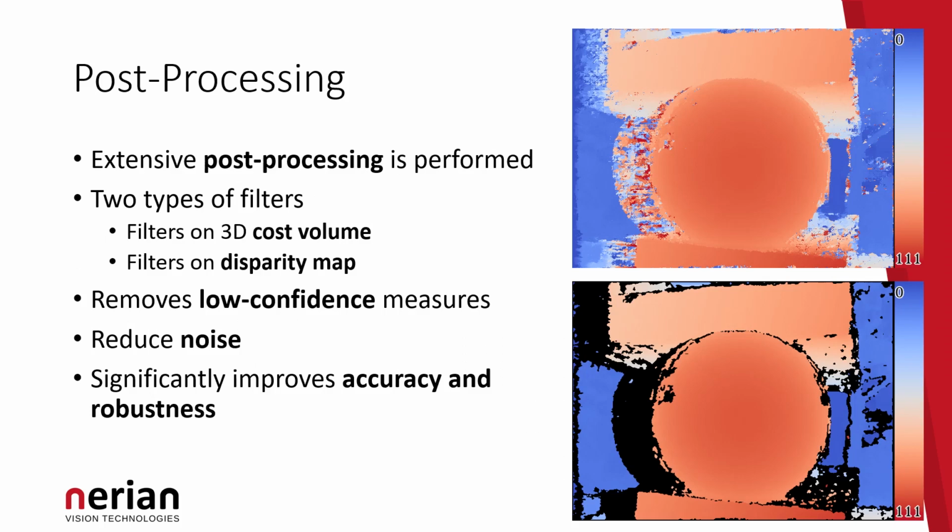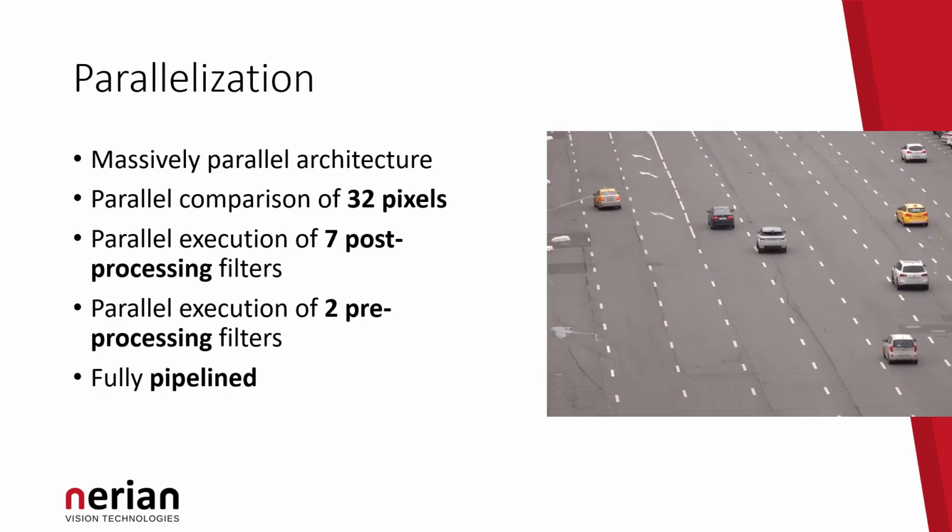And the filters that we run, they target different aims. So we have filters that identify image regions with a low confidence and mask these low confidence regions in the output data. Then we have filters for reducing the noise in the measurement data and filters for increasing the accuracy and the robustness.